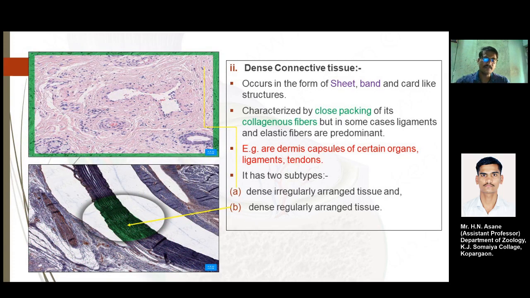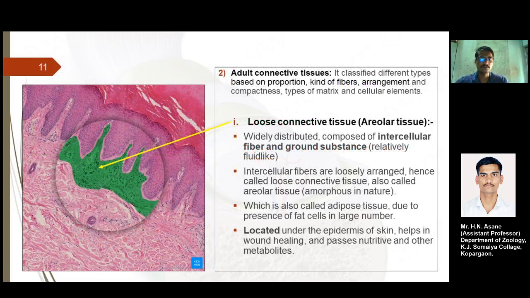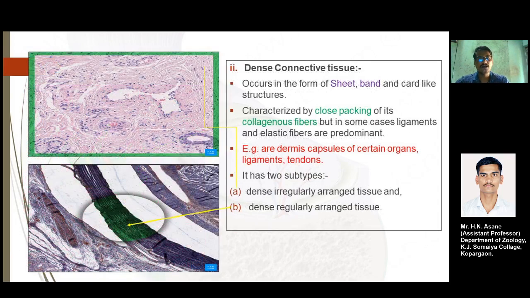The second type of adult connective tissue is the dense connective tissue. Dense means what? It can be easily located, occurring in the form of a sheet or a band or cord-like structures.